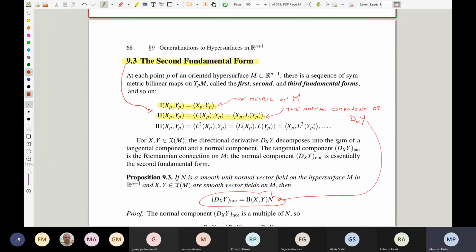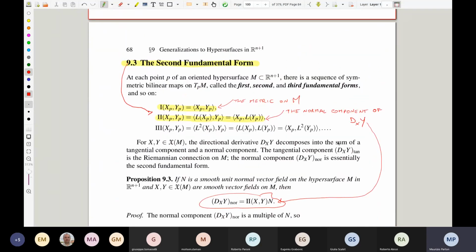Actually, I didn't know before teaching this course, but there is also a third fundamental form. Actually, the third fundamental form I knew, but apparently there is also a fourth fundamental form, and so on. It's just the fact that the shape operator is self-adjoint. So if I take L squared and I use the self-adjoint property once, I obtain this.